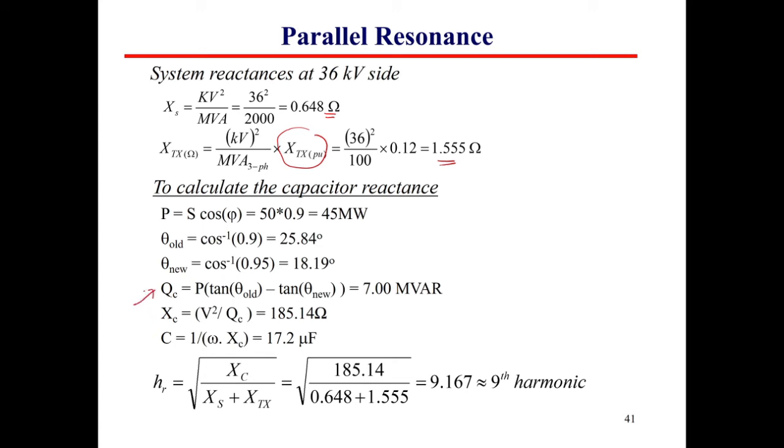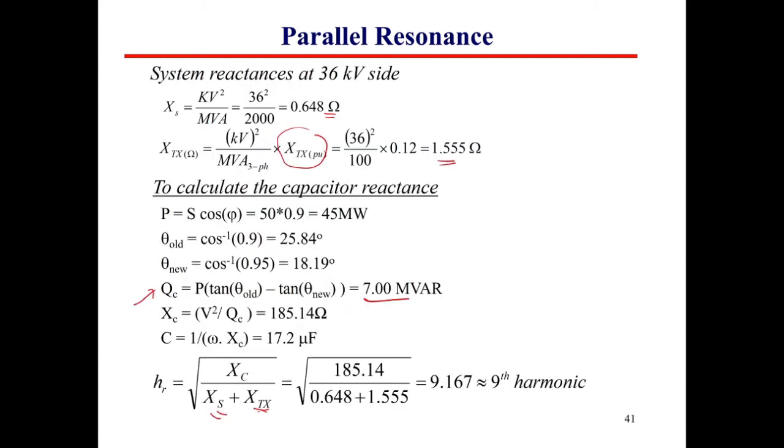And this is how to find the capacitance. We know that the size of the capacitor bank, or Q, will be P tan theta 1 minus P tan theta 2, and that will be 7. Then we can calculate XC, we can calculate C, and now we can find the harmonic order again from XC divided by the transformer reactance and the source impedance, so it will be the 9th harmonic.